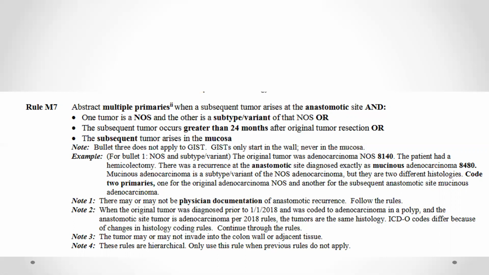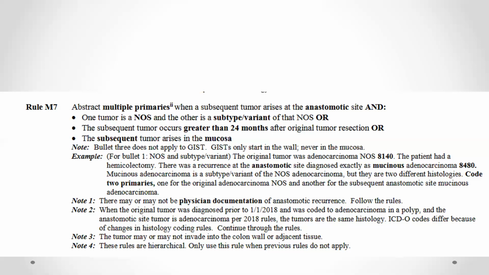It just so happens that in our case, also one tumor is an NOS, the adenocarcinoma, and mucinous is not a subtype variant of the adenocarcinoma. So that's why we drop down and use the timing rule on this one.